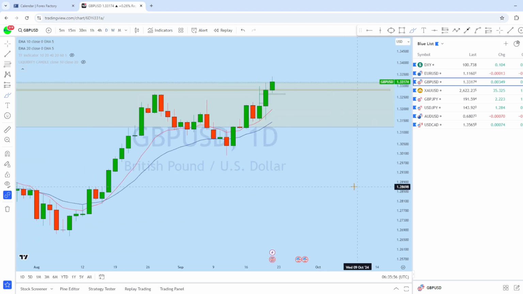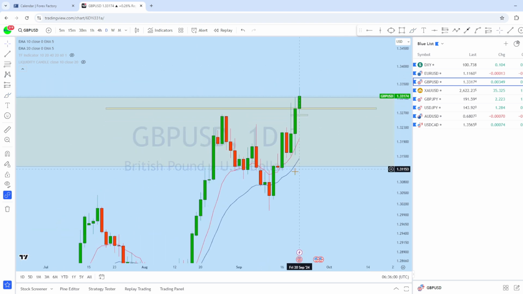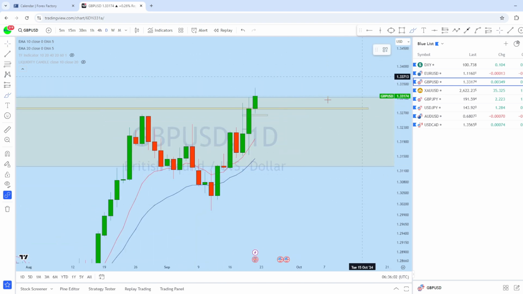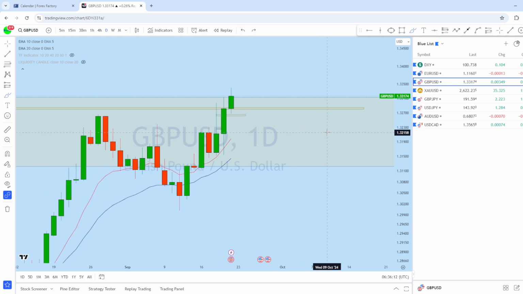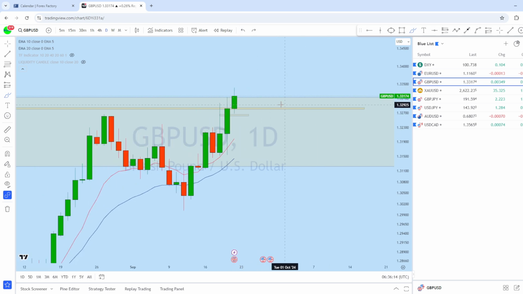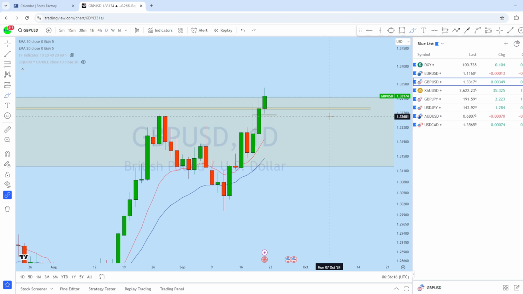Now, if we drop down to the daily to see a clearer picture, we can see that also it is a bullish market structure. There is a daily impulse, pullback, another impulse, deeper pullback, and we can see that GBPUSD is in another bullish impulse.